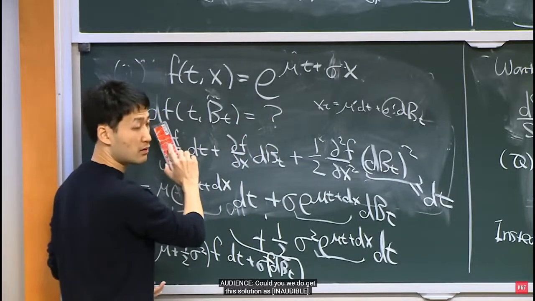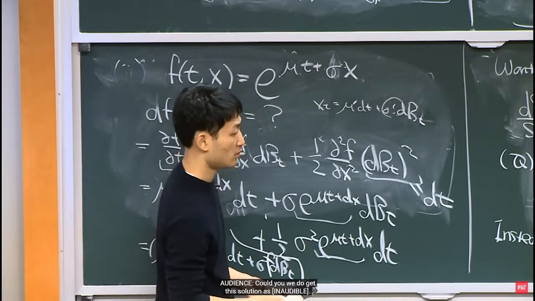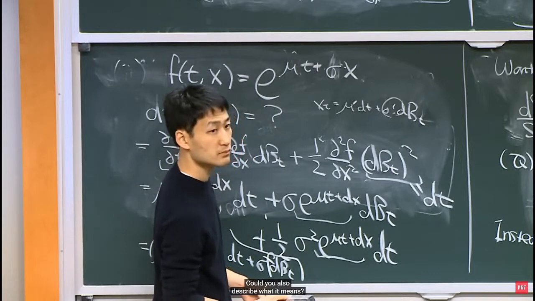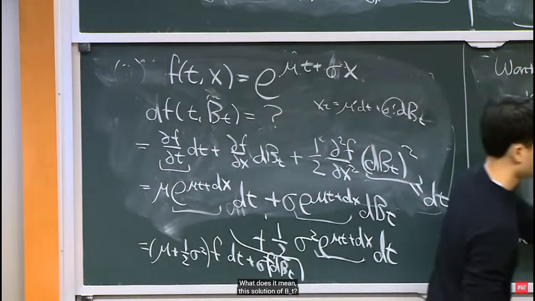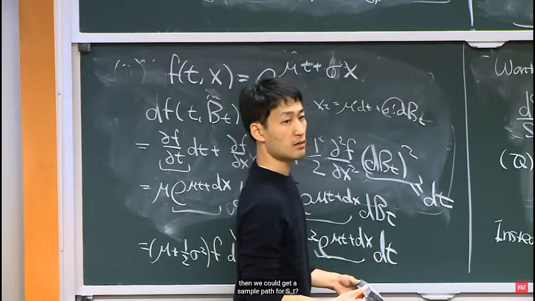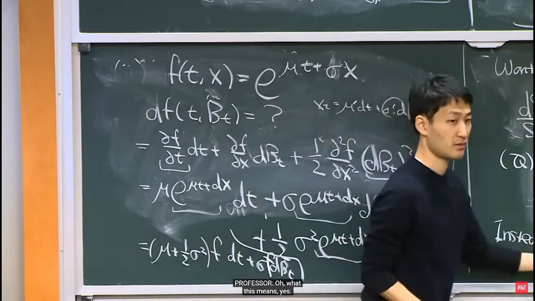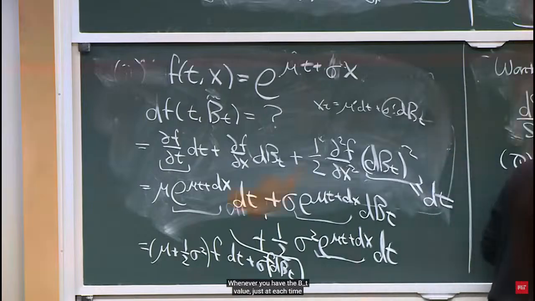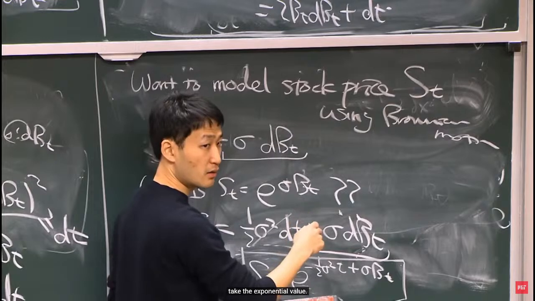Yes? So we do get this solution S of t. Could you also describe what it means? So does that mean if we have a sample path B_t, then we could get a sample path for S_t? Oh, what this means, yes. Whenever you have the B_t values, at each time you just take the exponential value.